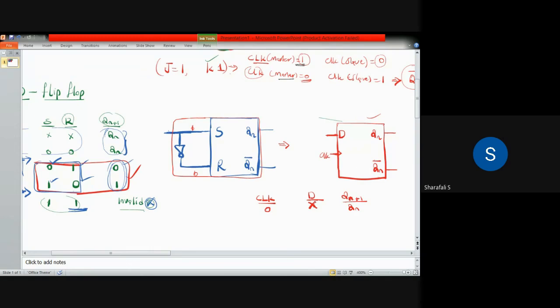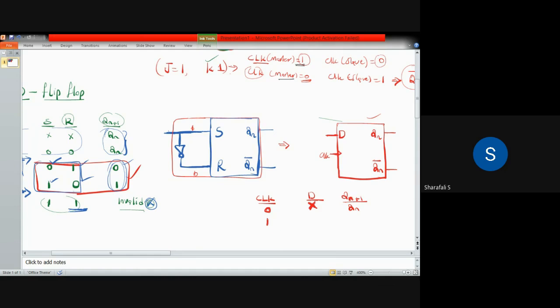Similarly here also, if your clock is 0, then your flip-flop is inactive. So it does not depend on the input. So it is a don't care, and you will be having the same state Qn as the next state.